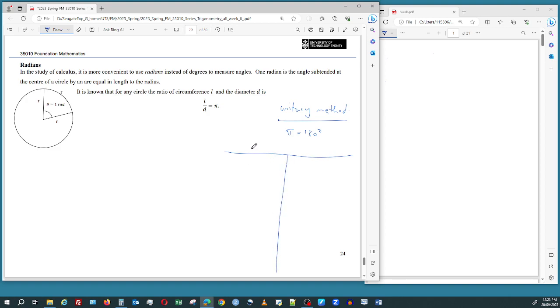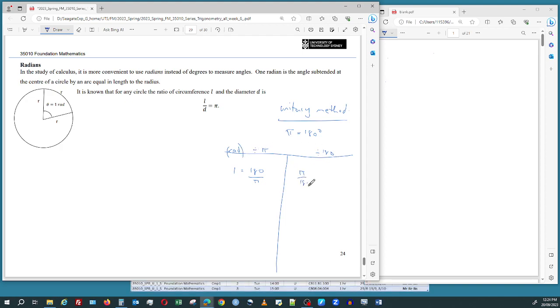One where we divide by pi, and one where we divide by 180. So if we divide by pi, we'll get 1 equals 180 over pi, and this is radians. Okay, if we divide by 180, we'll get pi on 180 is equal to 1, and that's in degrees.